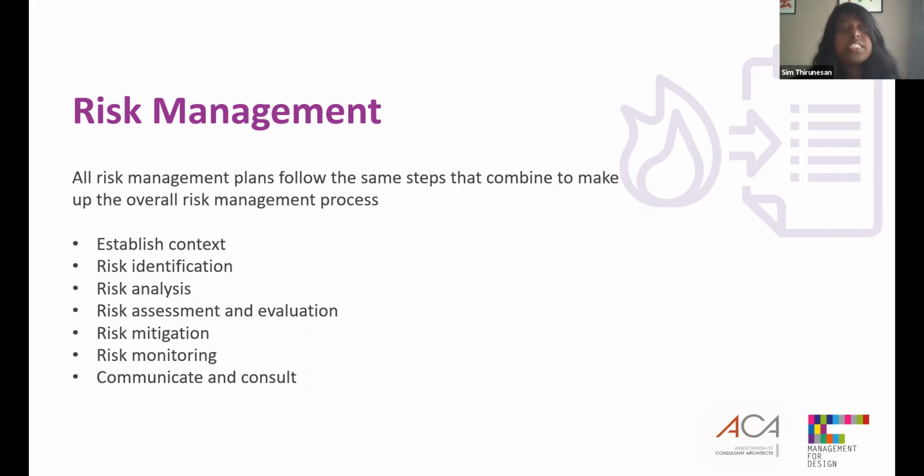And finally, you need to communicate and consult. Both internal and external stakeholders should be included in communication and consultation at each appropriate step of the risk management process, in regards to the process as a whole as well. You also need to bear in mind there are limitations to the risk management process.